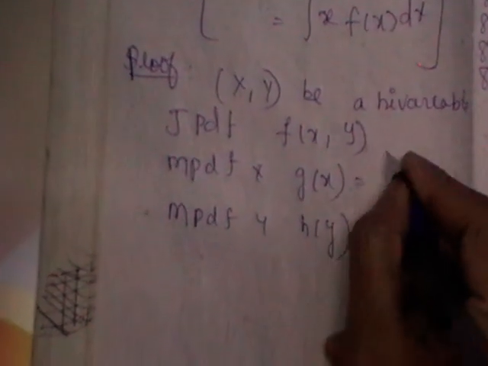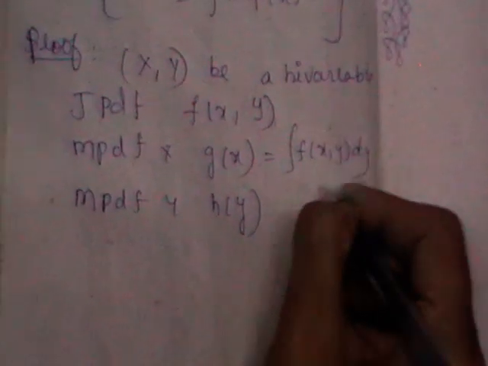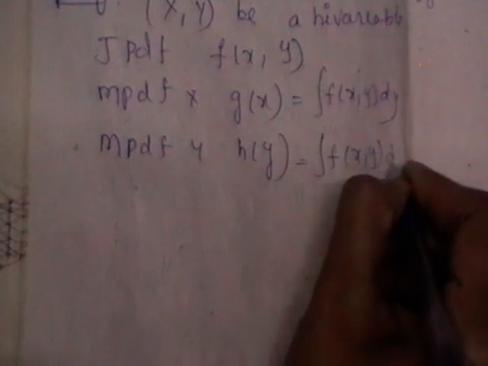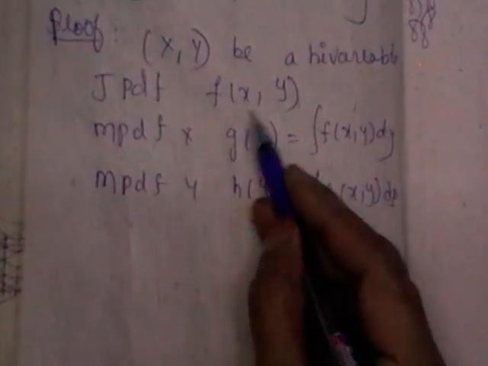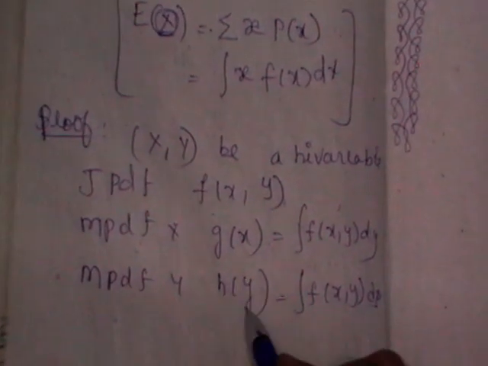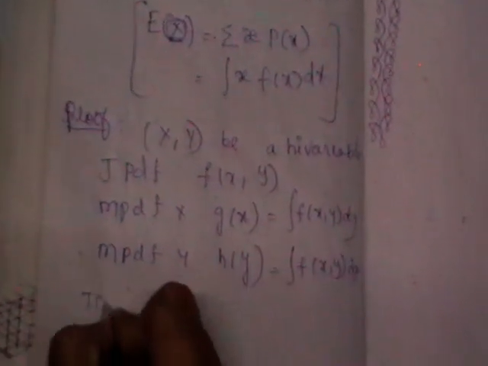So you know that formula for g of x is integral of f of x comma y dy. For h of y it is integral of f of x comma y dx. Okay. So let f of xy be the joint PDF, g of x be the marginal PDF of X, h of y be the marginal PDF of Y. We know the formulas for g of x and h of y.